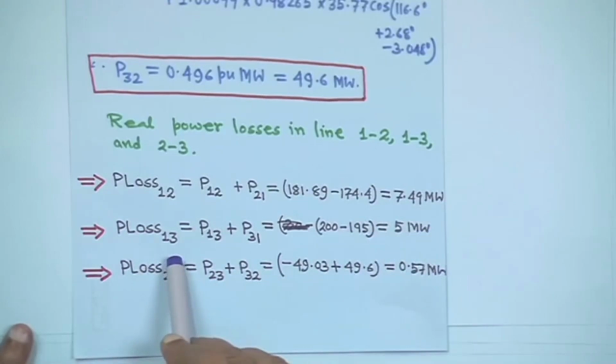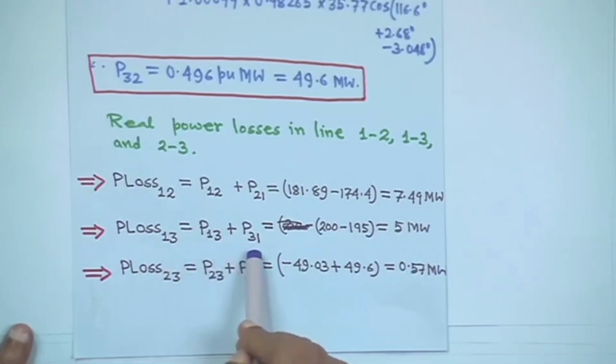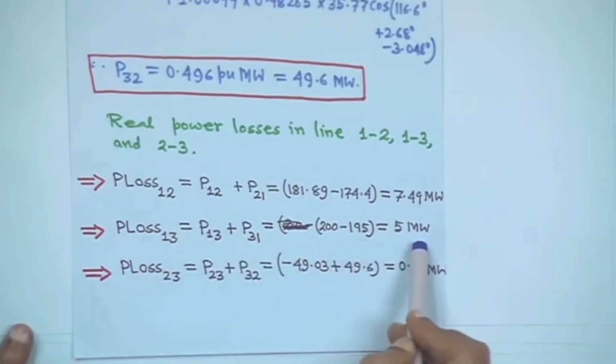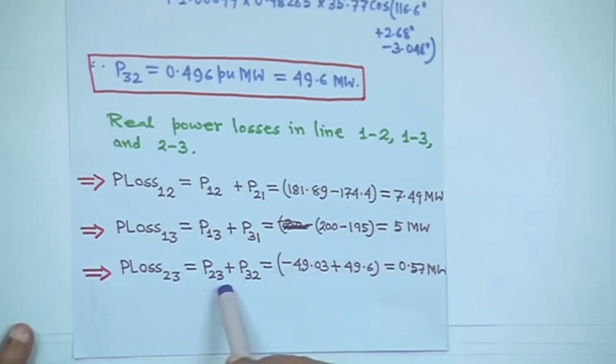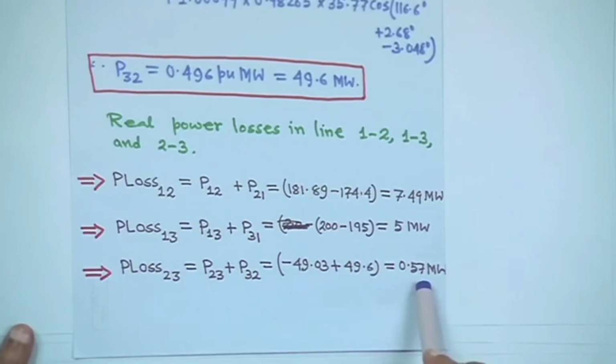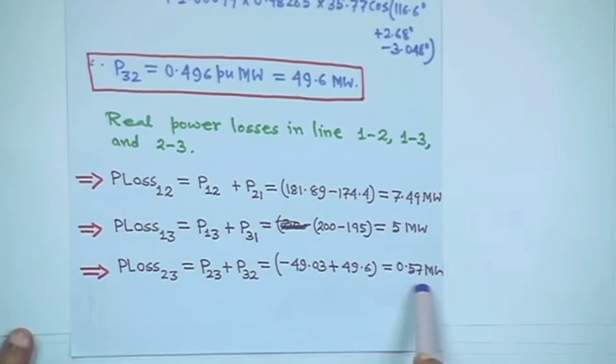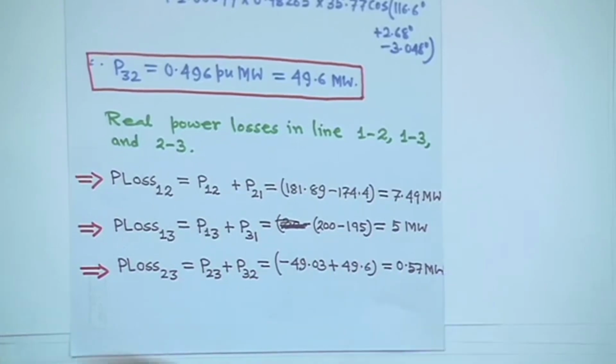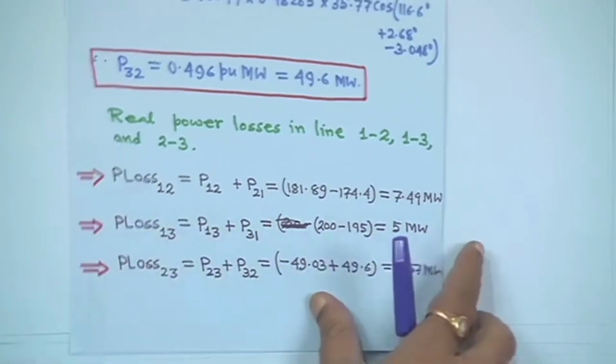Similarly, P loss 13, that is P13 plus P31, 200 minus 195, that is 5 megawatt, and P loss 23, that is P23 plus P32, that is minus 49.03 plus 49.6, that is 0.57 megawatt. So, these are the results for the real power losses after the second iteration.